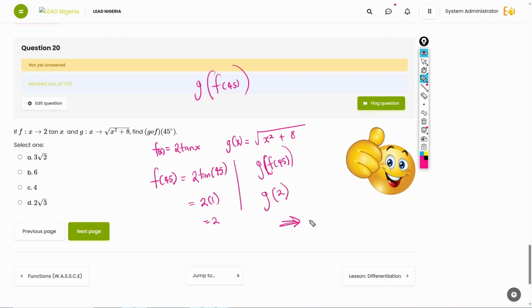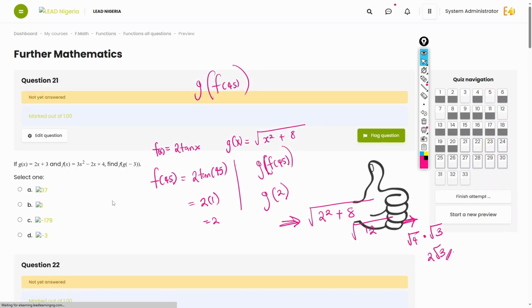Which would be square root of 2 squared plus 8, square root of 12, which we should be able to break down into square root of 4 times square root of 3, which is 2 root 3, because square root of 4 is 2. All right, so that's 2 root 3, that's option D.